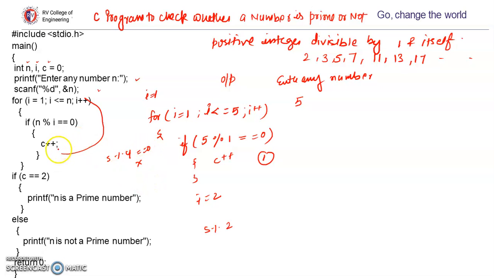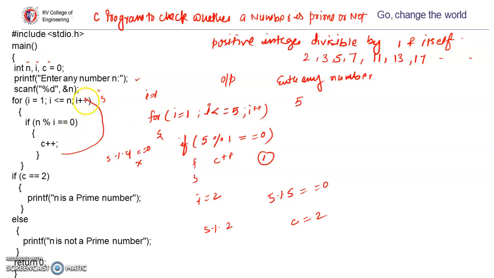No, so the counter is not incremented. i becomes 4, is 5 modulo 4 equal to 0? No, so c will be 1 only. Then i is incremented again, it becomes 5 now, and 5 modulo 5 is equal to 0, the condition is true, so the c value will be incremented. It was 1, so c will be 2.